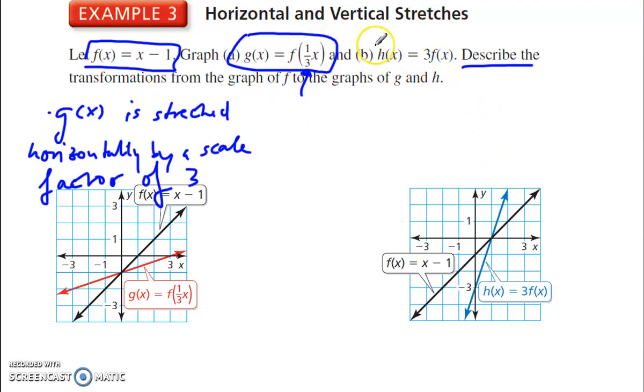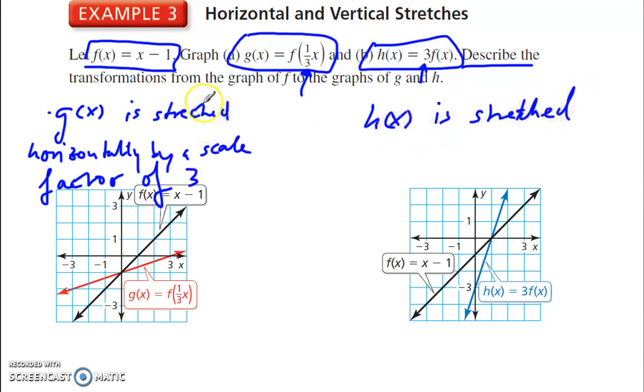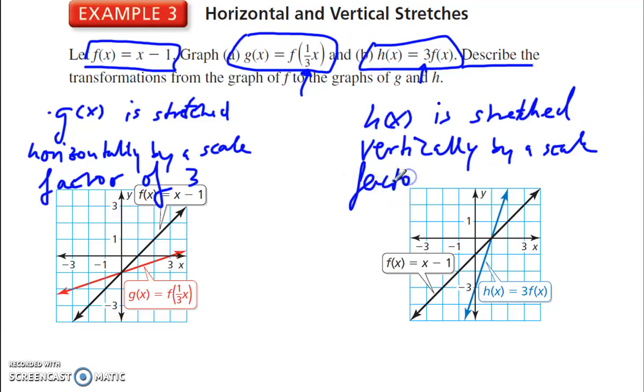This one here, 3 times f of x, is outside the parentheses, so h of x is stretched vertically, because it's outside, by a scale factor of 3. If it's outside, we just keep it. If it's inside, we flip it. You can look at what that looks like here.